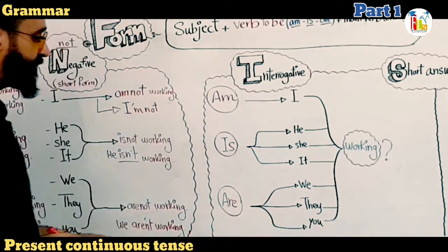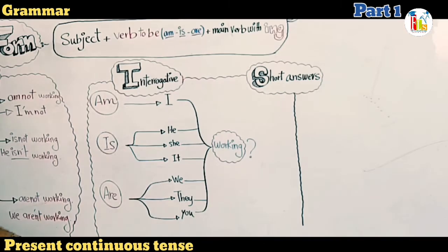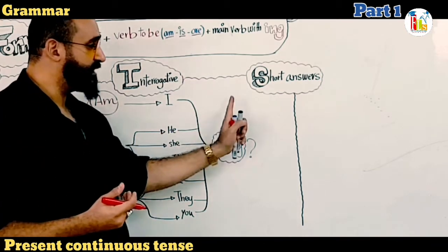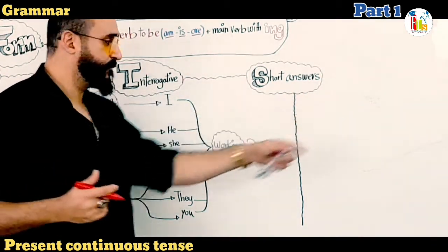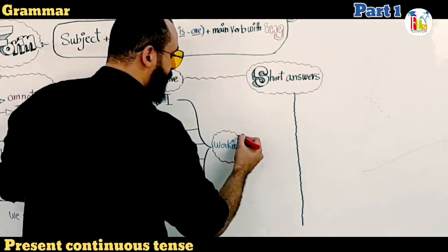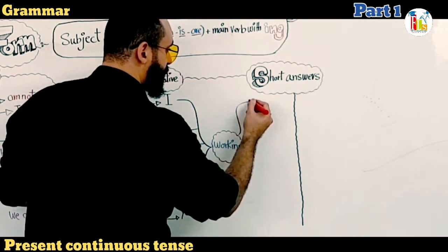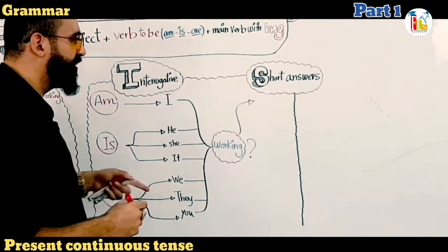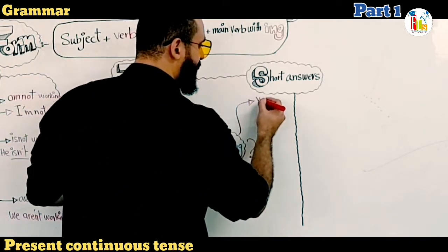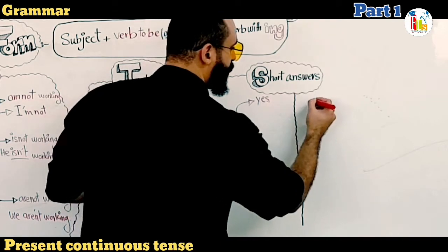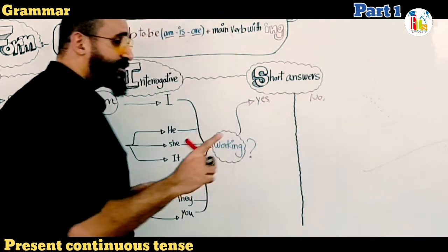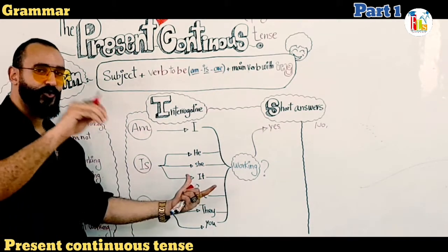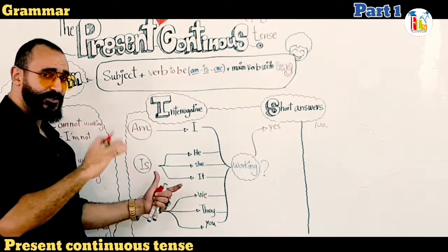Great. So what could be the answer? We have yes and we have no. Let's take it one by one. Am I working? It's either yes or no. And that's why we call this form a yes or no question.